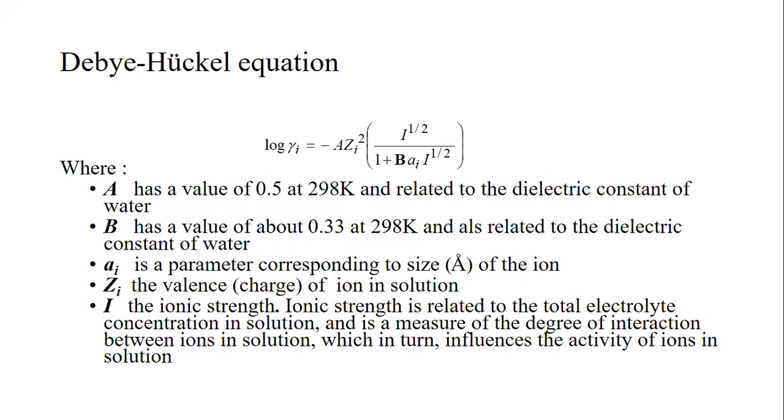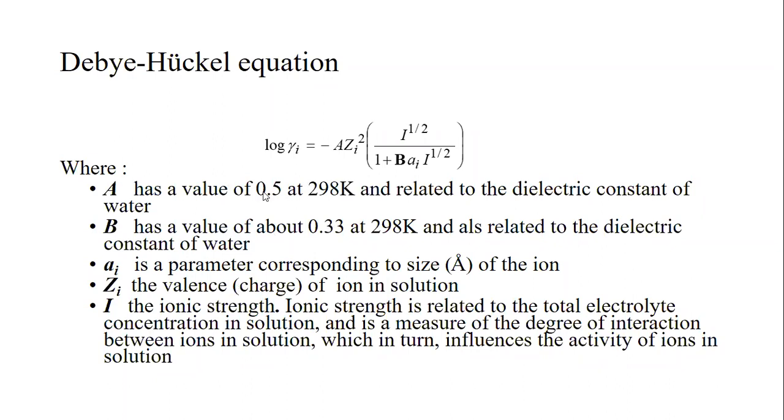So if we have this temperature, this capital A is a constant. It's related to some characteristics of the water, and we have an aqueous system most of the time. So we consider it as a constant.